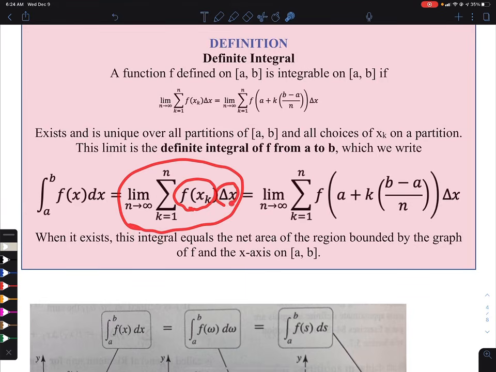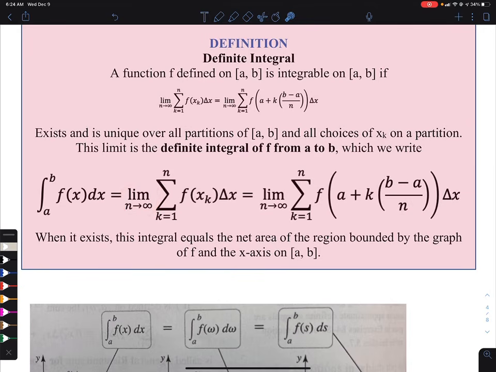This is the width of the rectangle. And this says you add them all up, starting with the first rectangle and stopping at the nth. But now we're going to let the number of rectangles go to infinity. And by doing so, our error is 0. So we just learned this is net area.